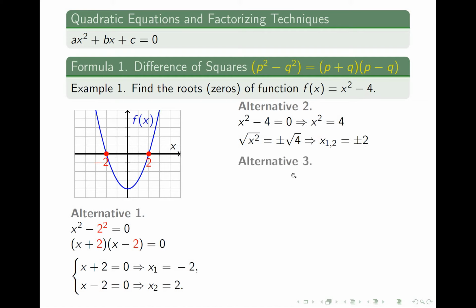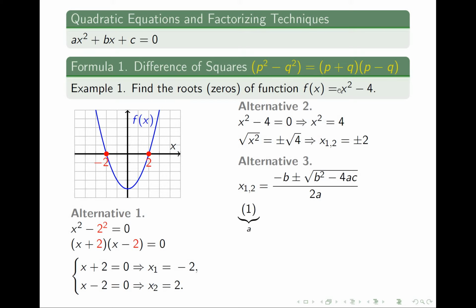Alternative 3, which is kind of boring, is using this formula, and this formula uses the coefficients in the standard form. So here we don't have a standard form. We will try to write this equation in its equivalent standard form.